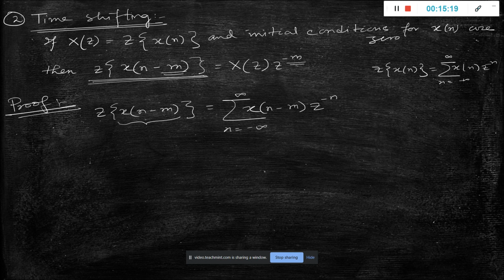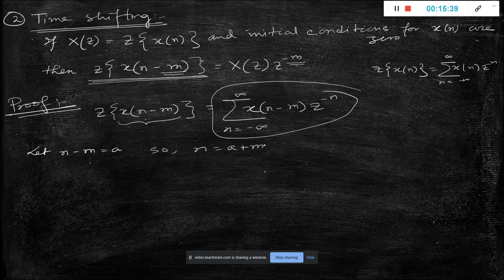Okay, now simplify the equation. This equation I have to simplify. Now let n minus m equal to a. Okay, so what will be the value of n? n equal to a plus m. Okay, so now put this into this equation.